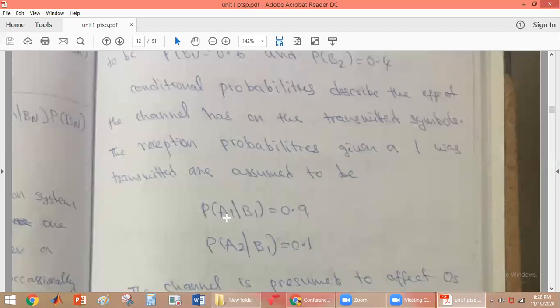What is the probability of a1, that is receiving 1, when b1, that is 1, is transmitted? b1 has already occurred. The probability of getting a1 given b1 is 0.9. The probability of a2 given b1 is 0.1. So the probability of receiving 1 when 1 is transmitted is 0.9, and the probability of receiving 0 when 1 is transmitted is 0.1.